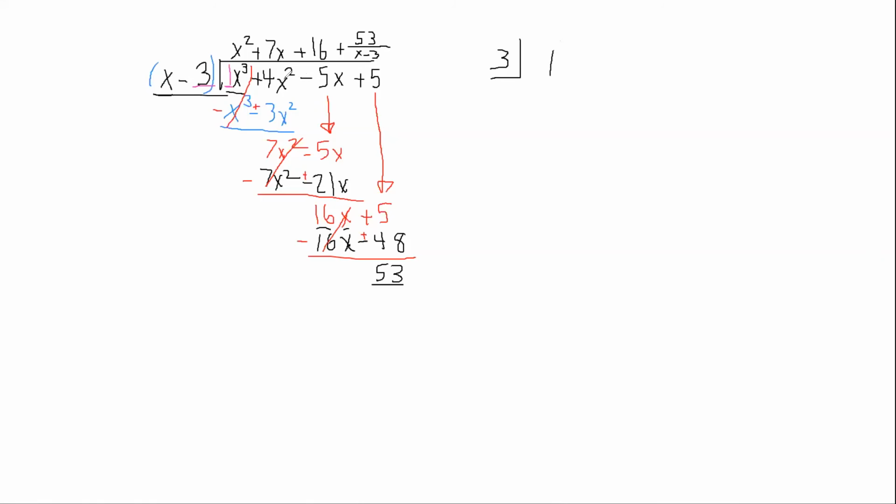Off to the side here, we have x squared. The coefficient is 4. Our next coefficient is by x, which is negative 5. So we write negative 5. The last that we have is positive 5.